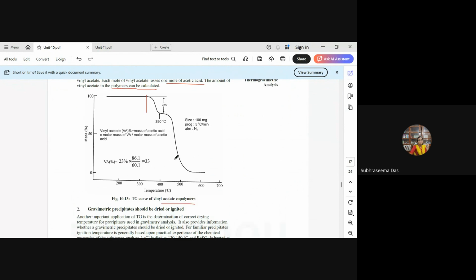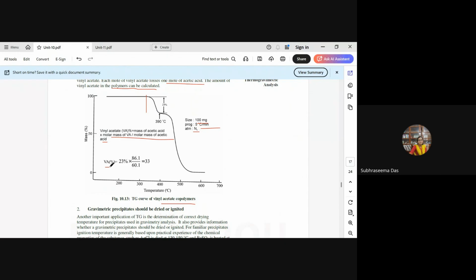In this curve, 100 mg of the sample is taken in N2 atmosphere, and the scanning rate is maintained at 5 degrees centigrade per minute. So the vinyl acetate is equal to the mass of the acetic acid times the molar mass of vinyl acetate divided by the molar mass of acetic acid.